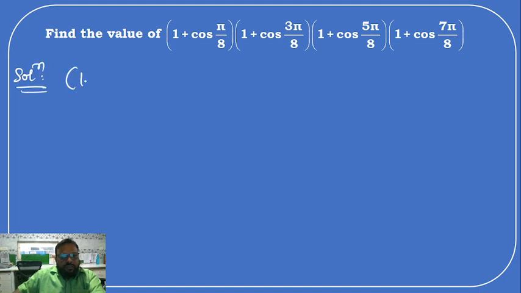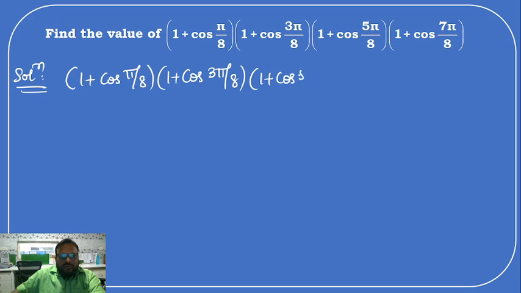It is given that (1 + cos π/8)(1 + cos 3π/8)(1 + cos 5π/8)(1 + cos 7π/8). These are the things we have.